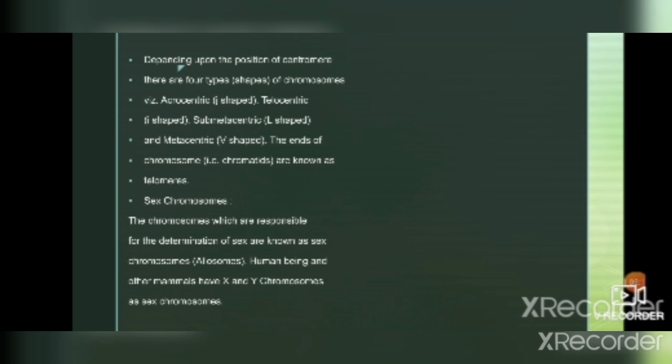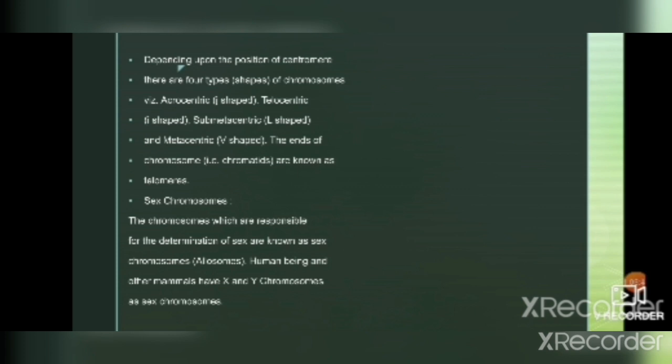Depending upon the position of the centromere, that is, where the centromere is present, there are four types of chromosomes: acrocentric, J-shaped; telocentric, I-shaped; submetacentric, L-shaped; and metacentric, V-shaped.